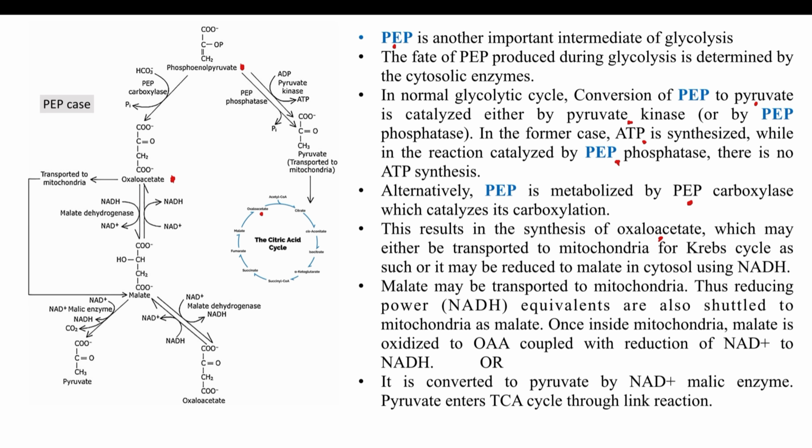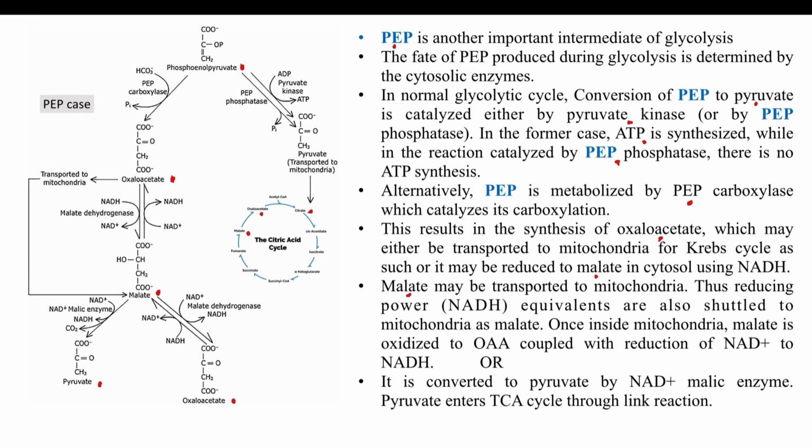Oxaloacetate can also lead to formation of malate. Malate is another molecule which is required for citric acid cycle. So this is how it is formed. Malate can be converted into oxaloacetate in the mitochondria. Malate can also be converted into pyruvate in the cytoplasm, and pyruvate can be pushed into glycolysis.